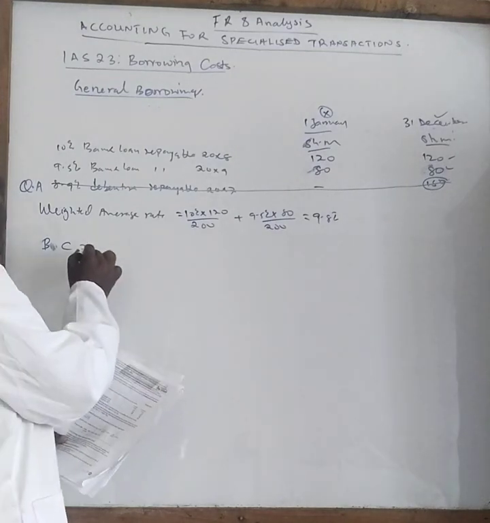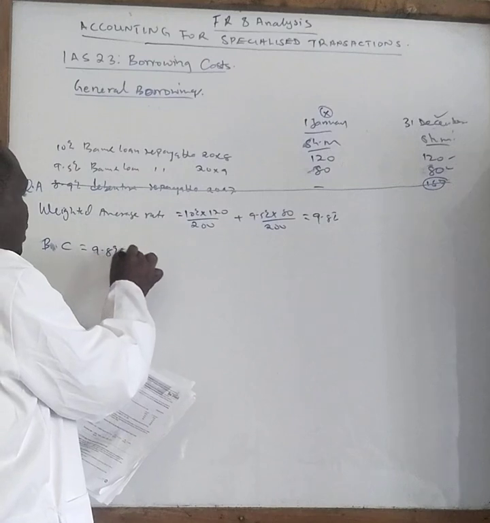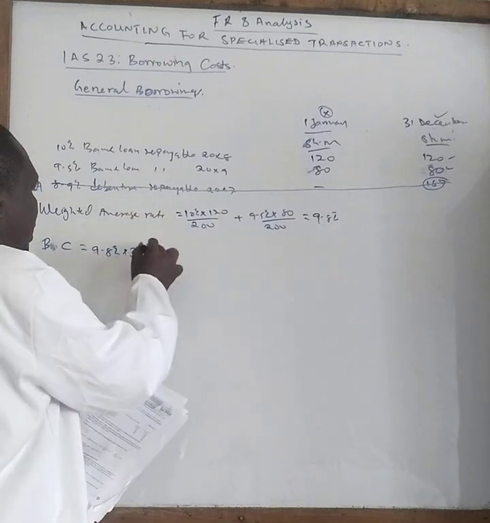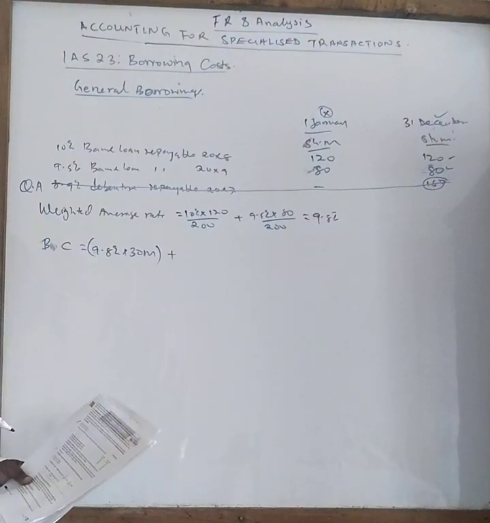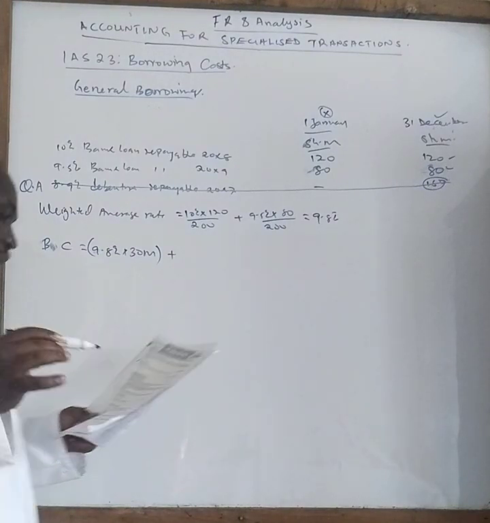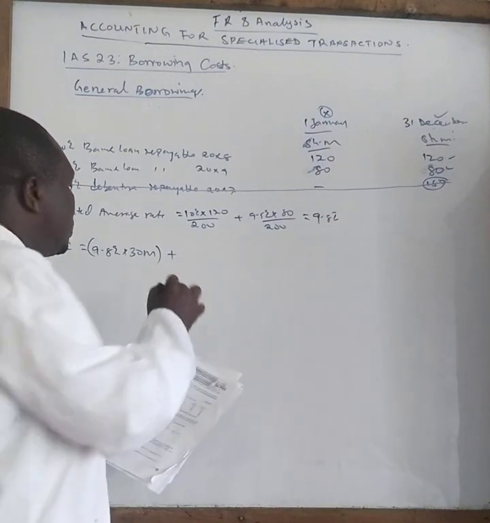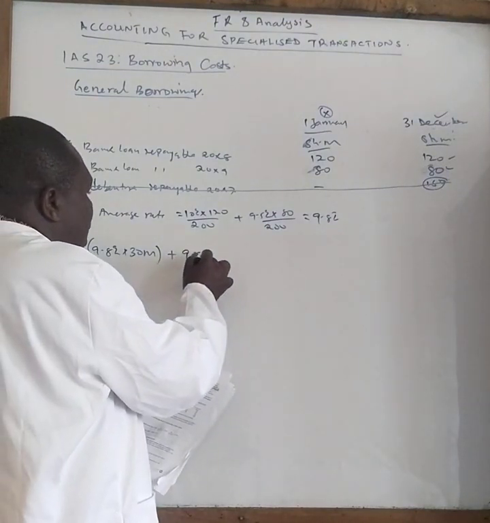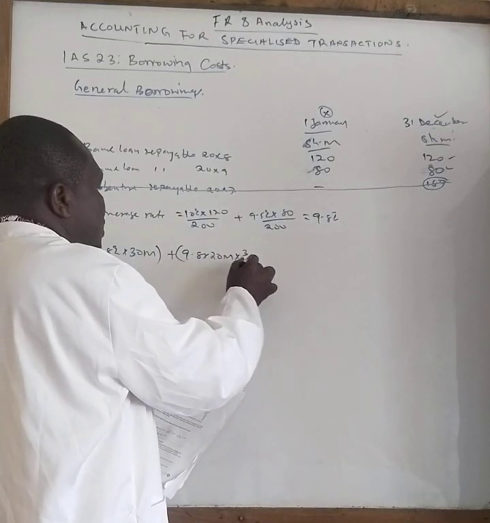Therefore it will be 9.8% of 30 million. Correct? Then we introduced more on 1st of October. So for that matter, 1st of October to December, how many months are those? 3 months. So therefore it will be 9.8% times 20 million, but for 3 months.